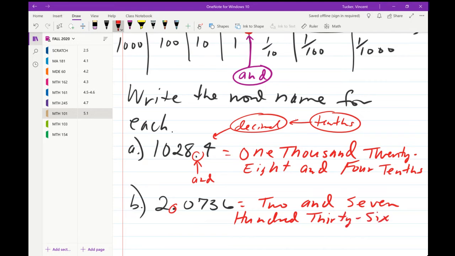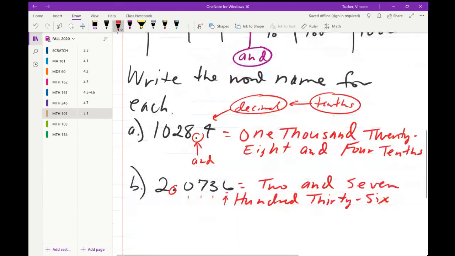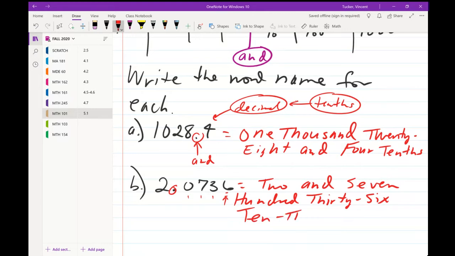Once again, we're looking for this decimal place. This is the tenths, hundredths, thousandths, ten-thousandths that the six is sitting in. So that's how we will end it. So that's 2 and 736 ten-thousandths.